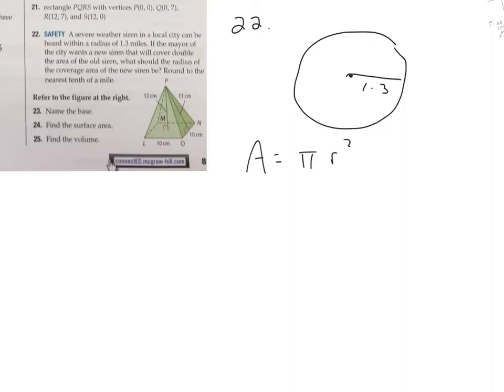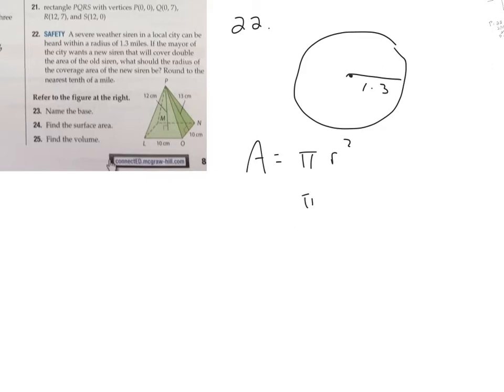So since we have an area being a circle here with a radius of 1.3, let's find out what the area of the first siren covers. We know that the area of a circle is pi times radius squared. And since they gave us the radius to be 1.3, just plug in 1.3 for radius.